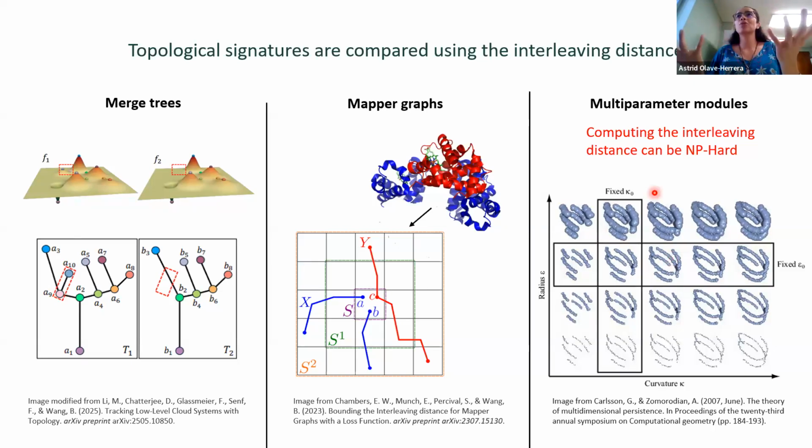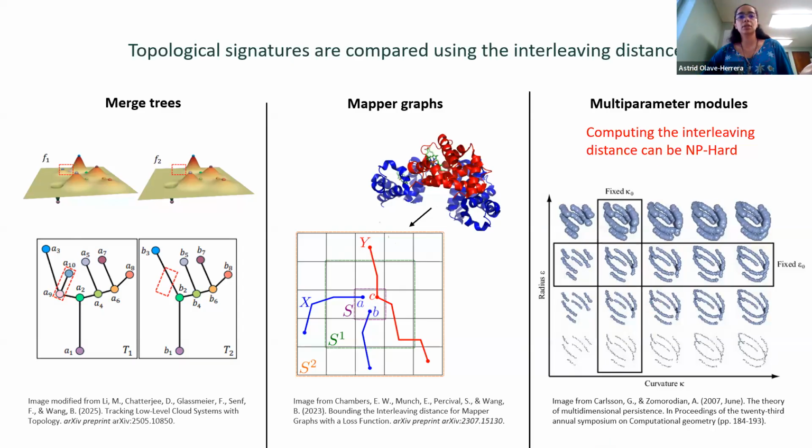If it's NP hard, we cannot compute it easily. So one of the main reasons we started this project was, can we use this framework that was developed before for mapper graphs, using a loss function to bound interleaving distance, for multi-parameter models? And as the talk says, the answer is yes, we can. And I'm going to show exactly how we did it.